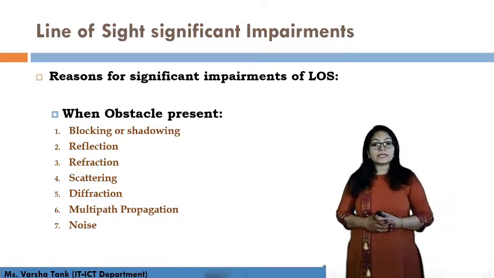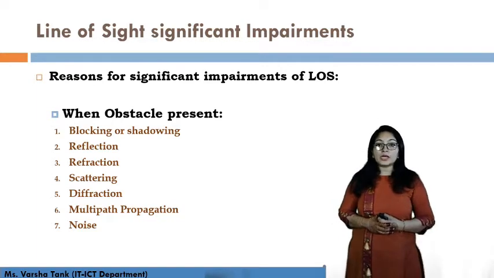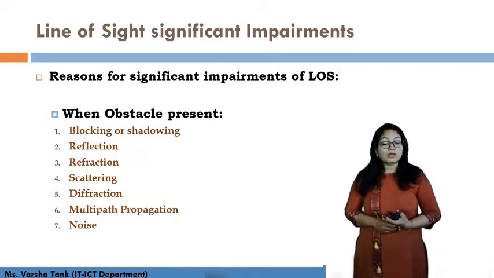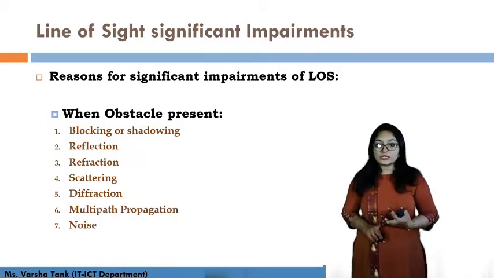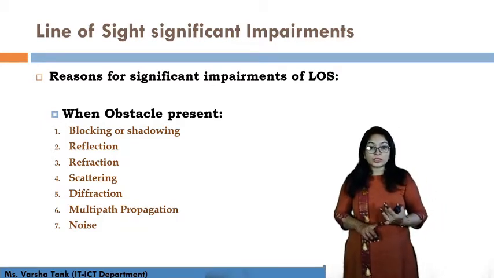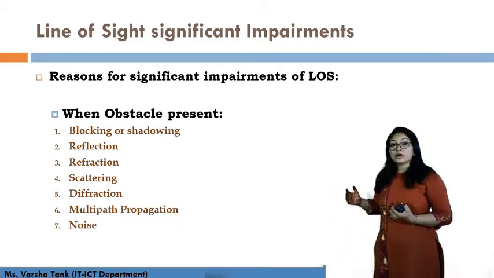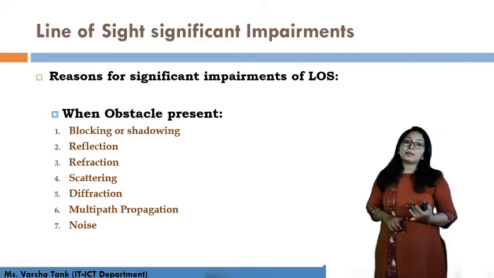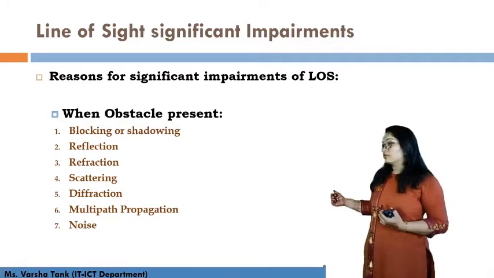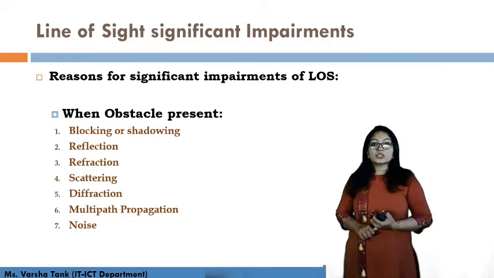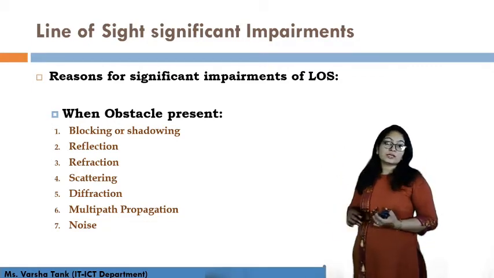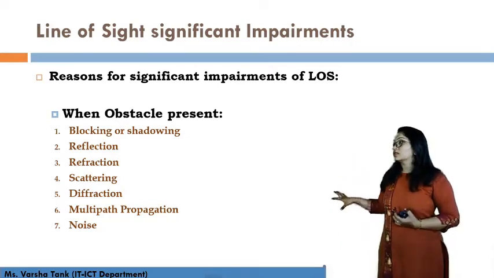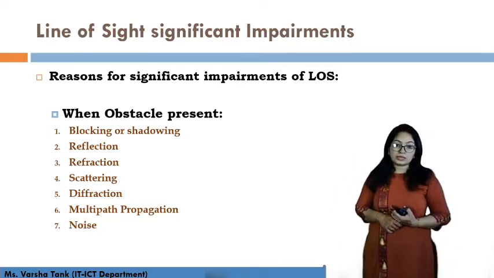The effects are blocking or shadowing, reflections, refractions, scattering of the signal, diffraction of the signal, multipath propagation, and the last effect is noise. So these are the reasons when an obstacle is present, and this type of distortion is possible in the signals.